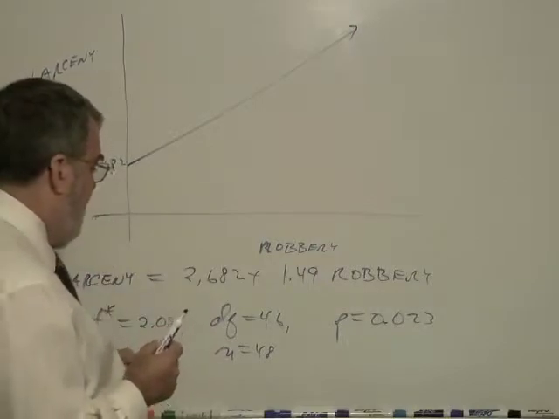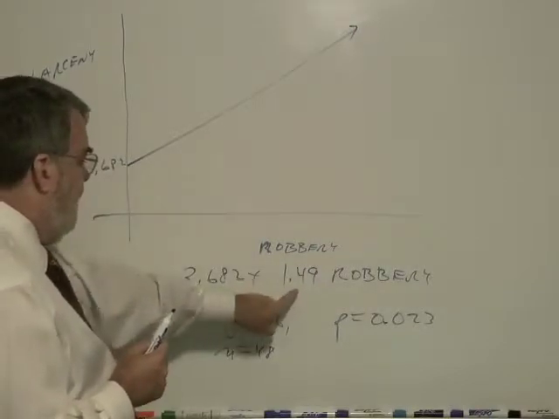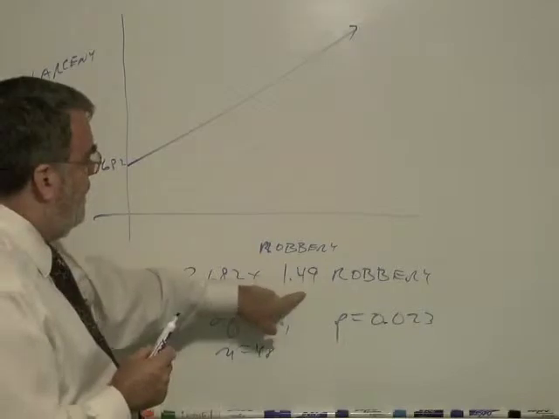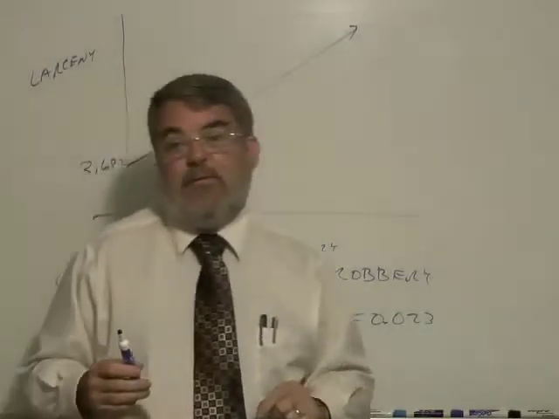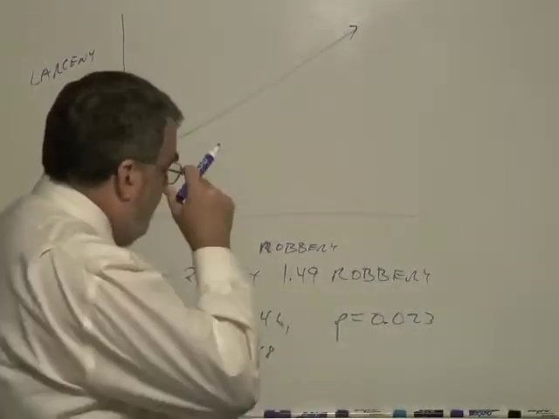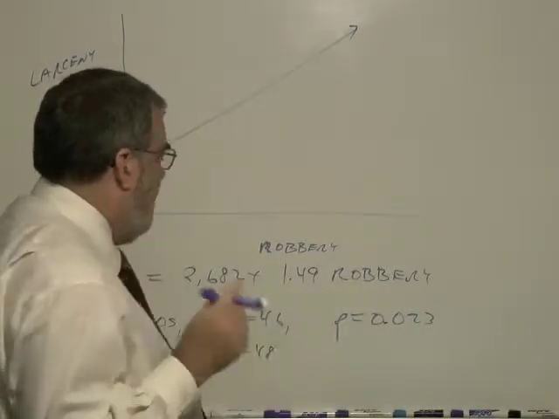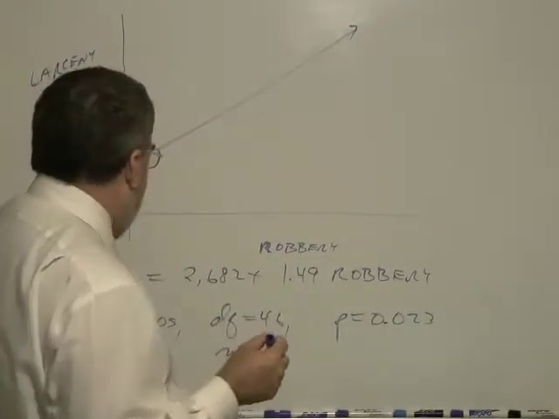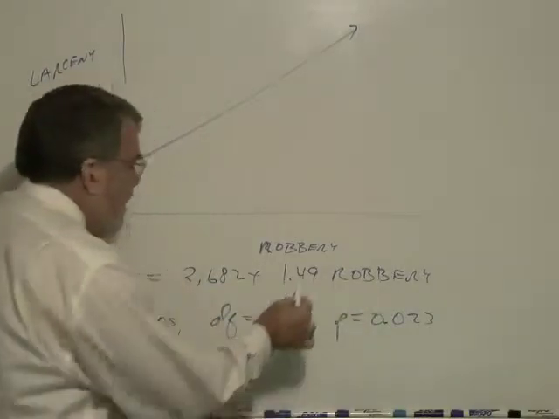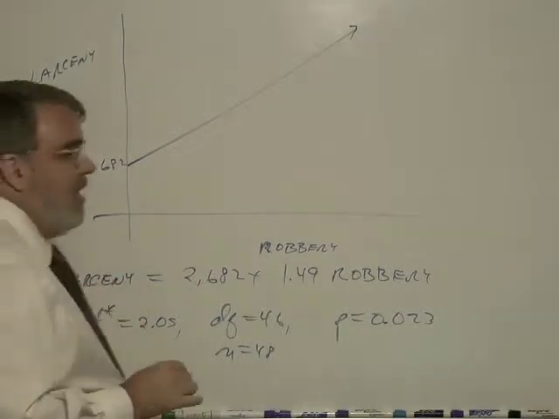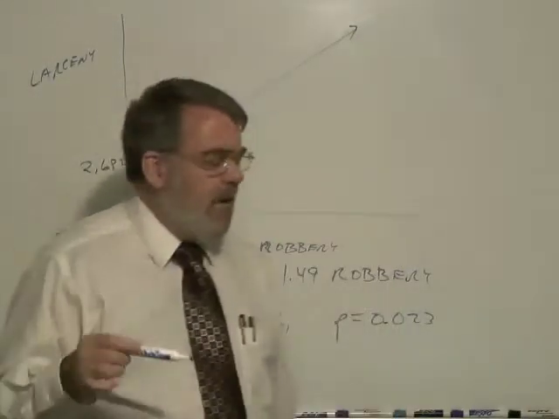We know it's positive because the coefficient of robbery, the slope, is positive, 1.49. That means that for every increase in the robbery rate, the larceny rate goes up by about 1.49.